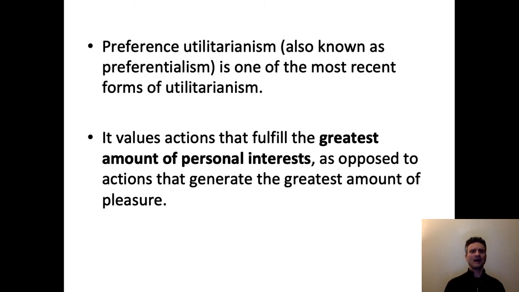But what about preferences? I prefer to eat Doritos all day, or white people prefer to enslave brown people, or men prefer to subjugate women. Well, according to preference utilitarianism, we can avoid these issues by thinking about the true preferences of a rational individual.